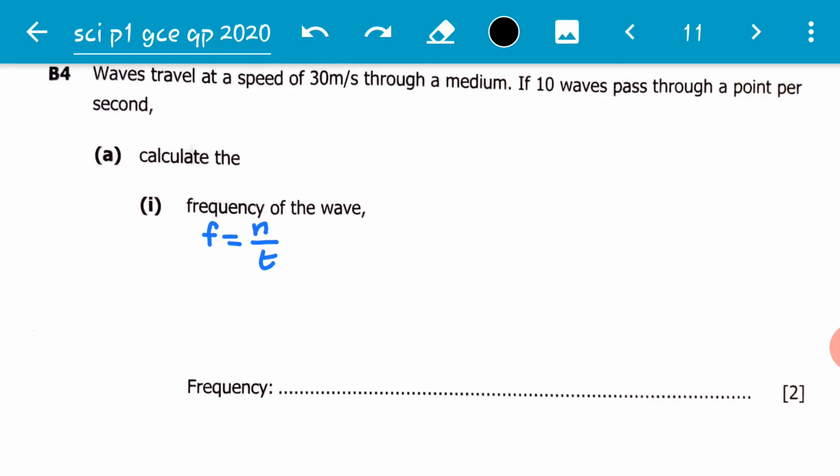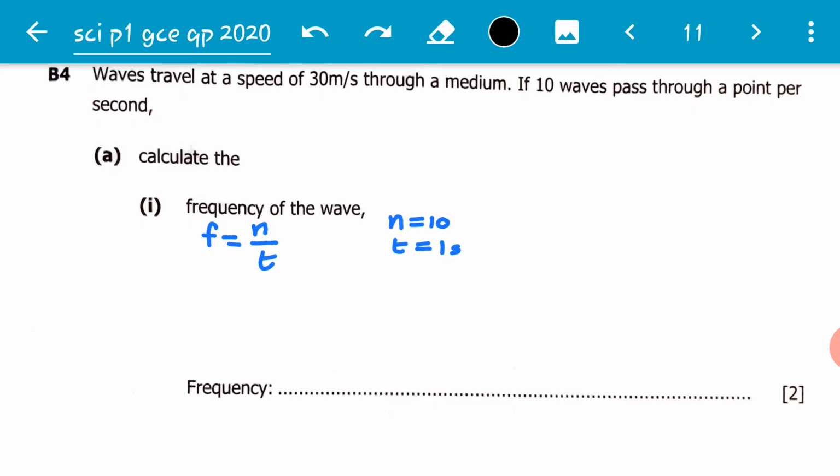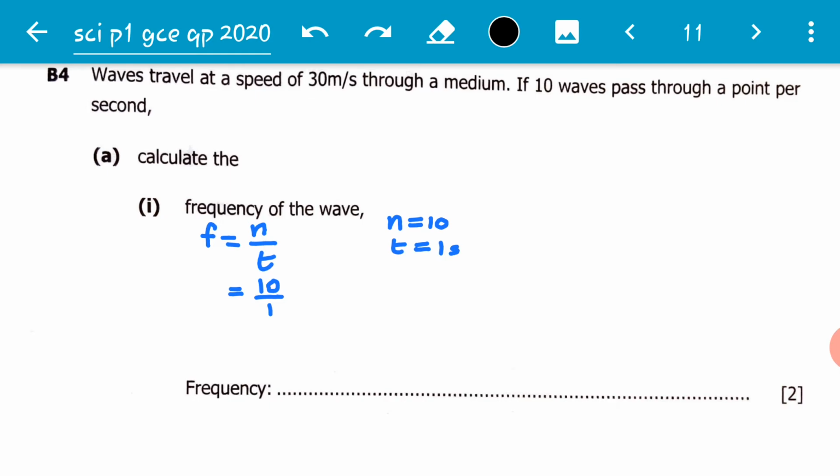So it takes 1 second for 10 waves to pass a given point. So we can write that number of waves is 10, time taken is 1 second. Now we substitute that into the formula. We have 10 divided by 1, which is 10. So we have 10 hertz. So the frequency is 10 hertz.